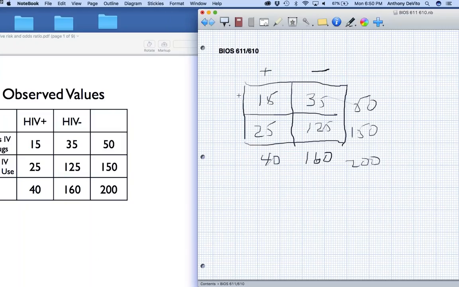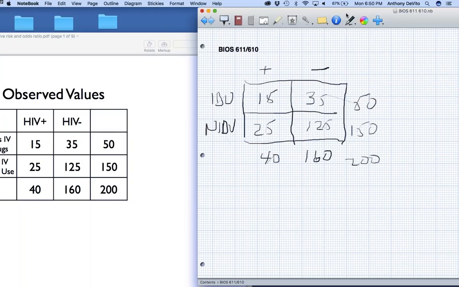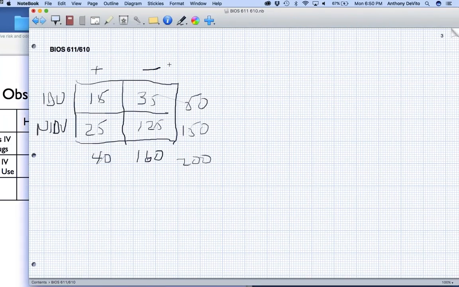Okay, this is HIV positive and negative, and this is IV drug user and not an IV drug user. So let me bring this back over here. These are my observed values from this population.